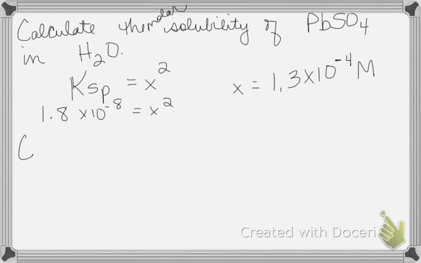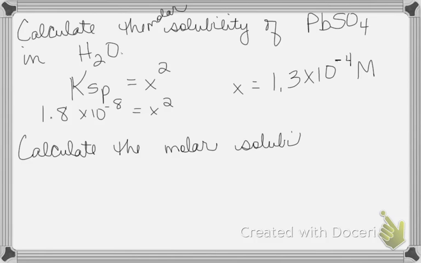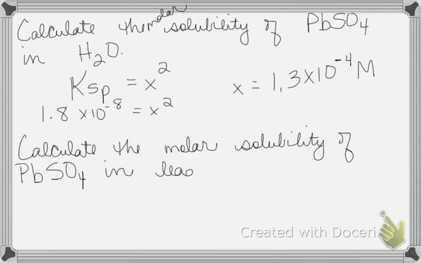What would happen if I said calculate the molar solubility of, we're still going to do the lead 2 sulfate, the PbSO4, but instead of trying to get it to dissolve in pure water, let's put it in 0.10 molar lead 2 sulfide.